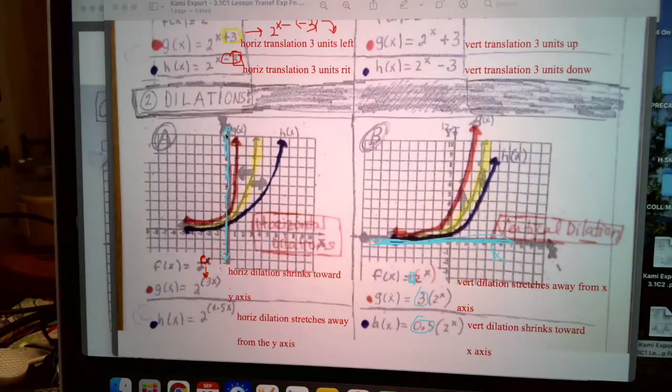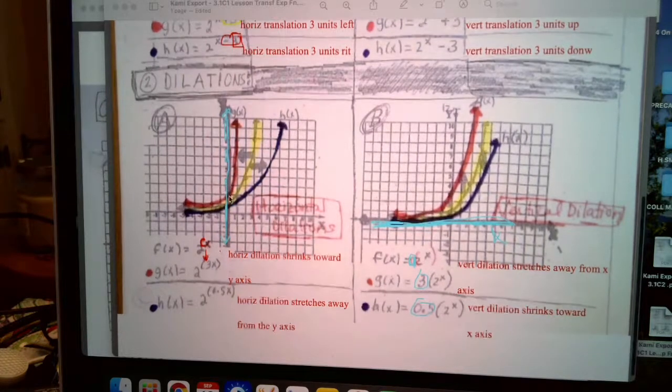When you're comparing this type of a transformation, everything's going to be based upon this light bluish line here. This is your y-axis. So when things dilate, when they have the factor c involved, they dilate relative to your y-axis. So we will use that in our description.